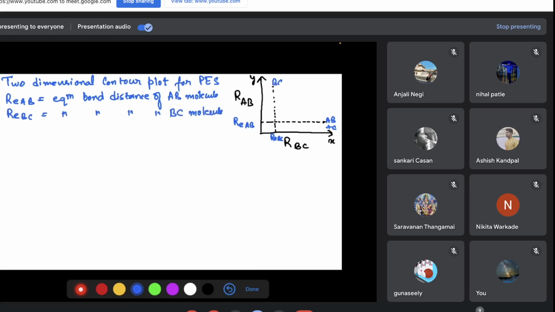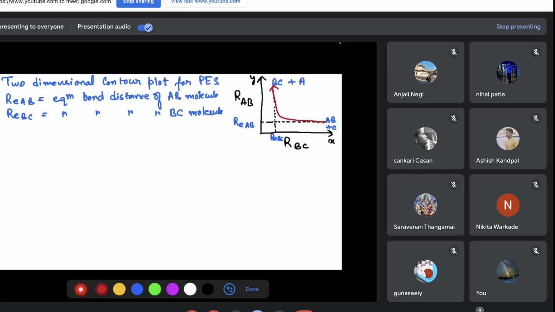So this will be BC plus A, correct? And for the reaction, it follows the direction from AB to actually going to BC. Something like that.